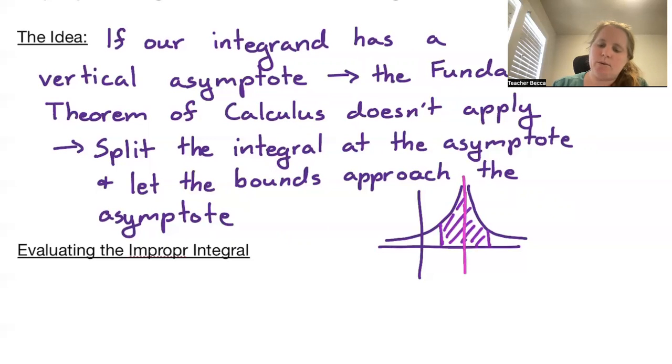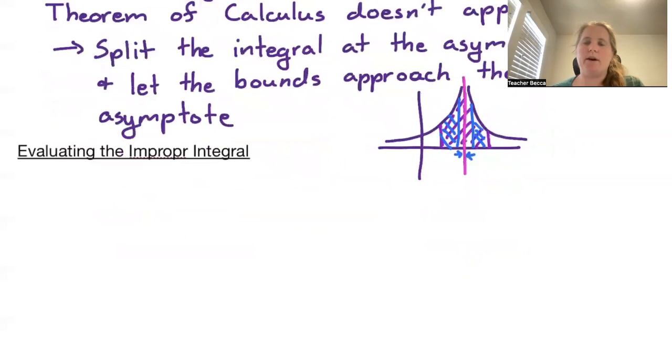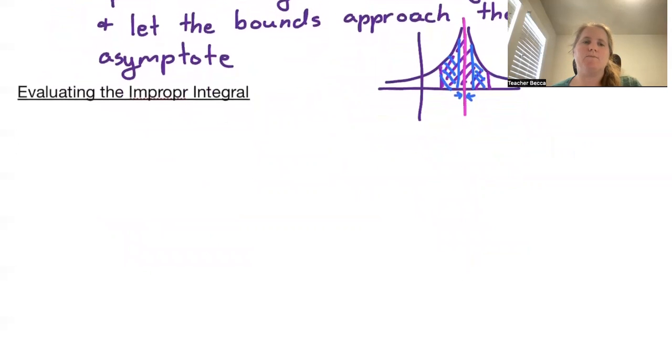And then we will take bounds just to the side of the asymptote, find those slightly smaller definite integrals, and then let the bounds approach the vertical asymptote. I apologize, that picture got kind of busy. I will draw it again when we look at the actual formula or definition.